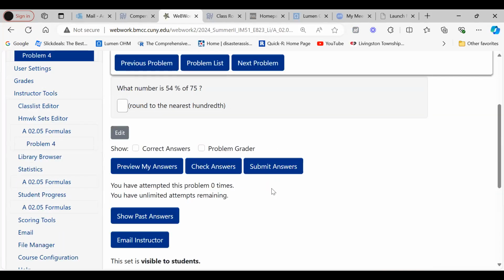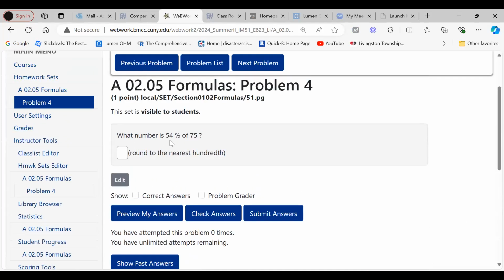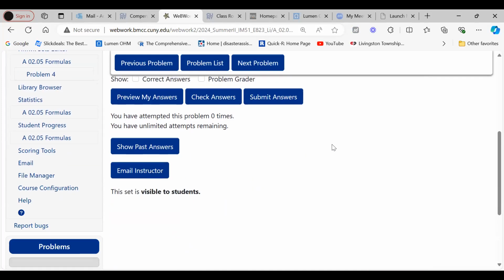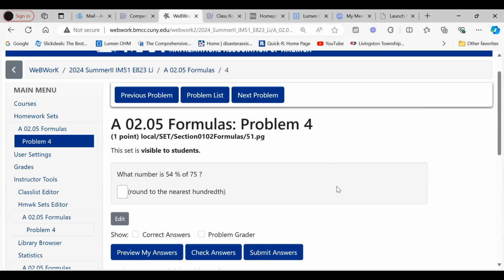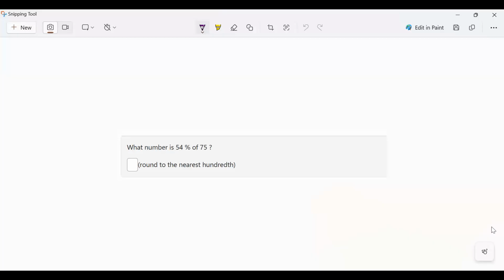So this is a typical percent-of question, right? So what number is 54% of x? And I'm going to show you a standard method of doing this. Let's screenshot this. So basically, the first thing is there are some elements here, right?